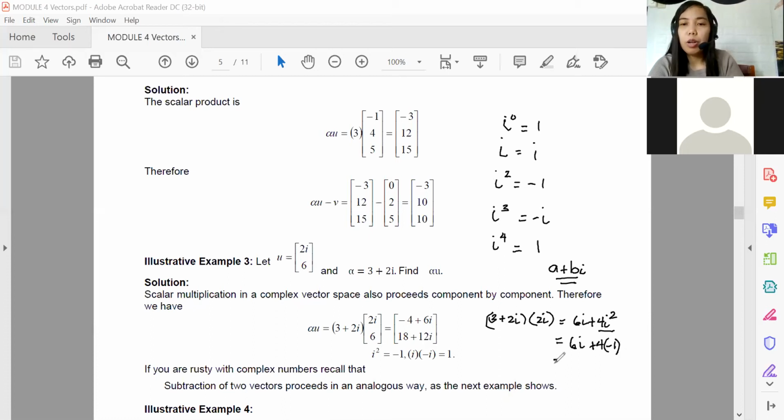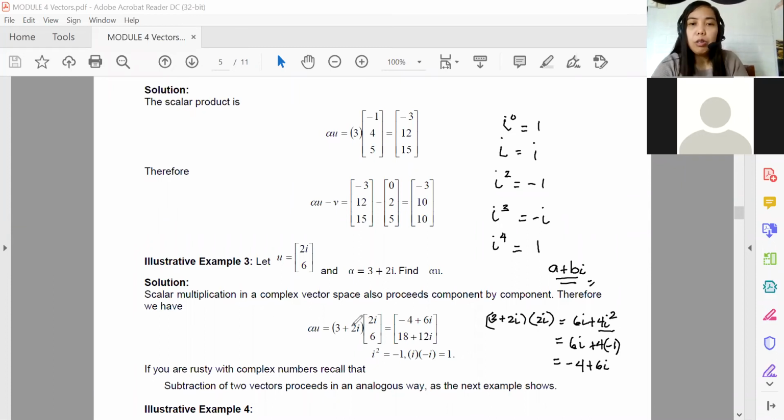So when we write our answer in standard form for complex numbers, a plus bi, 4 times negative 1 is negative 4 plus 6i. That's why we have here negative 4 plus 6i. Okay? Sinulat ko yung sagot ko sa standard form for complex number.